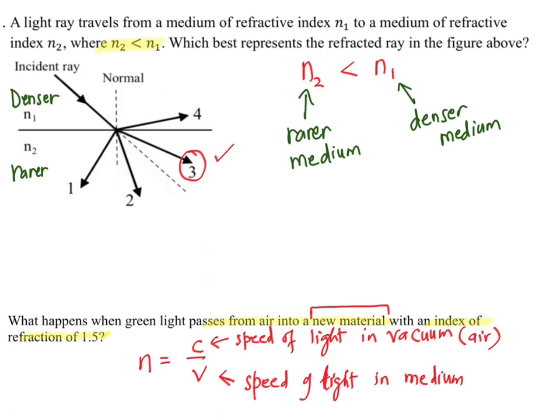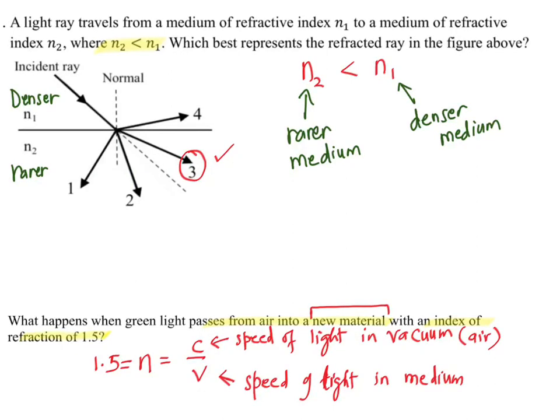It's asking you what will happen to the speed of light. So it's traveling from air to the medium, and we know that the refractive index is given as 1.5. That means the light is going to travel slower. Obviously, it's moving from a rarer to a denser medium. But how much slower? It will become 1.5 times slower than the speed of light in vacuum.